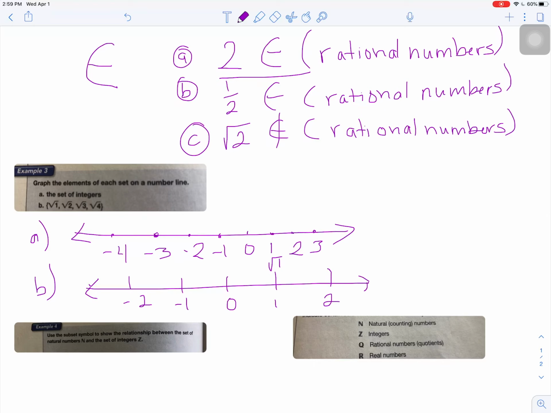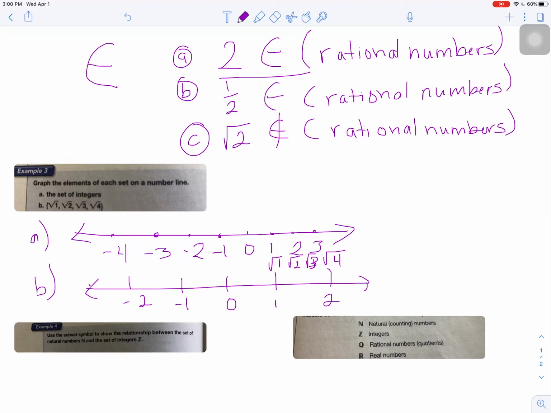So the square root of 1 would fall right there because the square root of 1 is 1. The square root of 4 would fall here because that is 2. But then you'll see that the square root of 2 and the square root of 3 fall in between there. Okay, so that should help explain that as well.